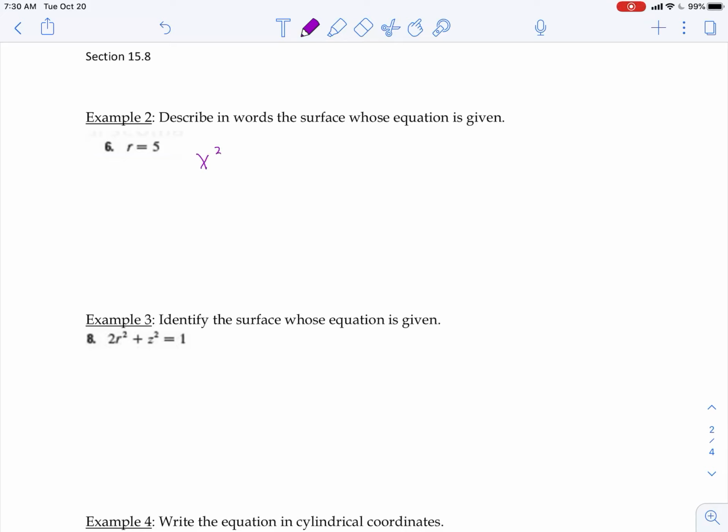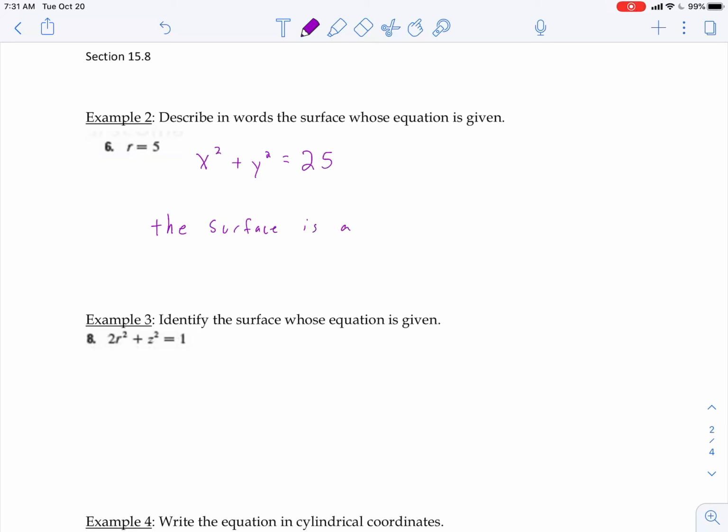So then we can interpret this in the equation x squared plus y squared equals r squared, which is just going to be 5 squared. So x squared plus y squared equals 25.